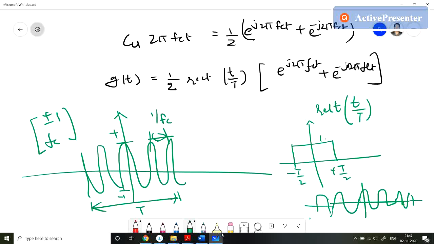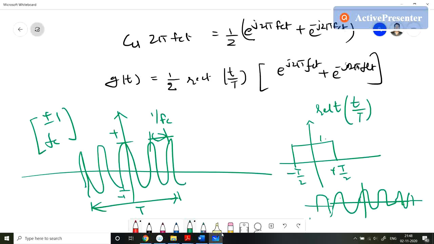If we multiply this rect with the cosine wave, then it will acquire only the common area, which is between the width of this rectangular box only. So we have just taken the pulse of width T, because we have multiplied with a rectangular window.